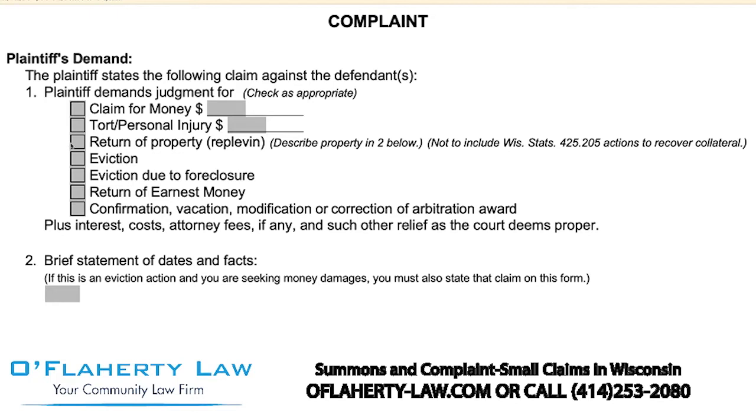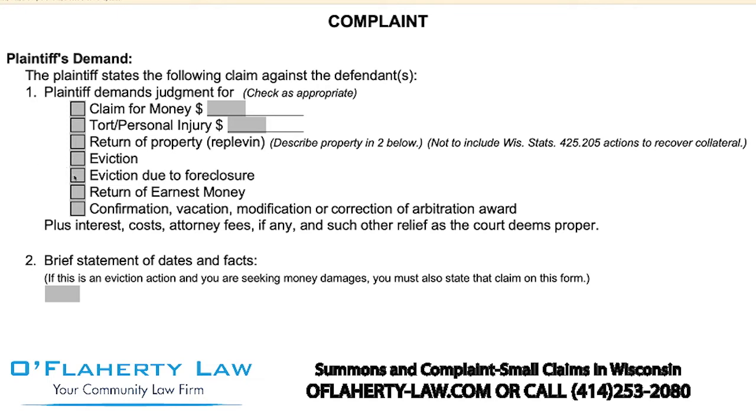Return of property or replevin action, you can describe it, but you need to check the statute because it does not include Stat 425.205 action to recover collateral. Eviction due to foreclosure. If you're a landlord trying to evict, copy of the lease, copy of non-payment, that type of thing.